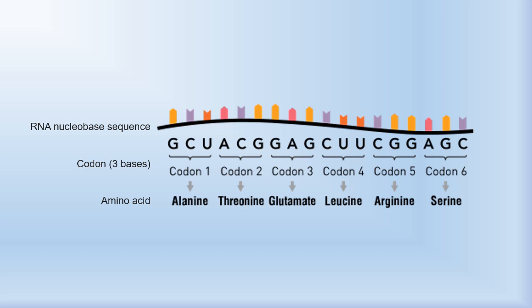This section of RNA, therefore, would code for a polypeptide chain, i.e. a chain of amino acids, made up of the amino acids, reading from the left, alanine, threonine, glutamate, leucine, arginine, and serine. We will talk about protein synthesis in more detail at the start of the module.